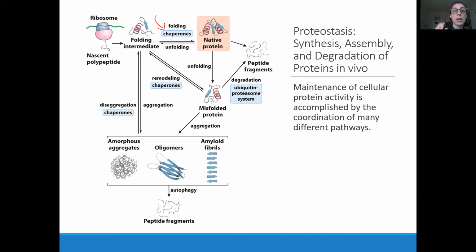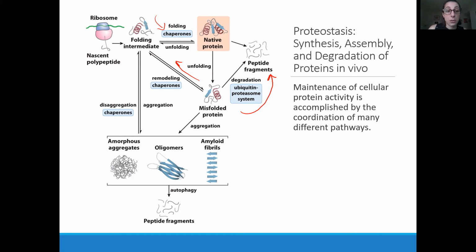And these can also help remodel a protein if it becomes misfolded. If a protein becomes misfolded, there are also other pathways that the biological system will take to deal with it if it cannot be refolded. One thing that can happen is it will be sent to a protease and then fragmented, and those fragments will be used as amino acids for fuel or for other things.